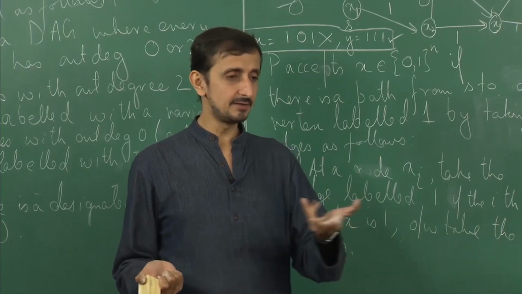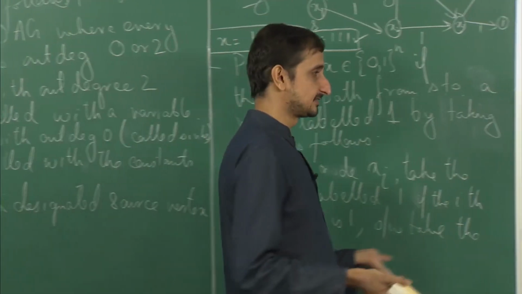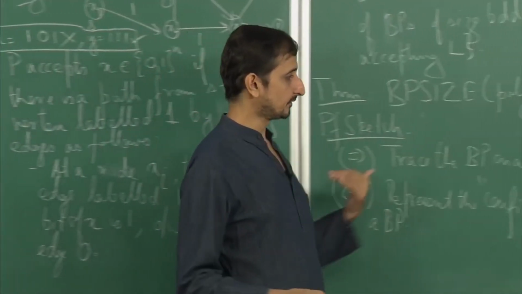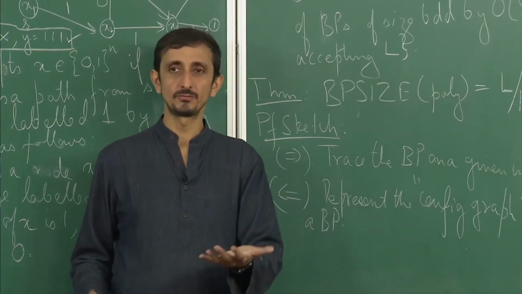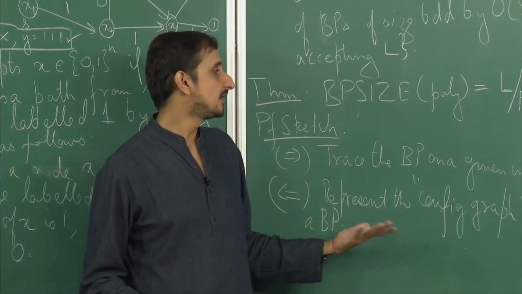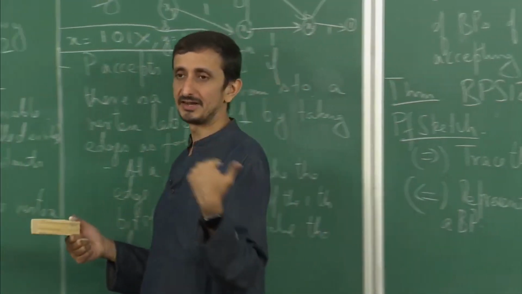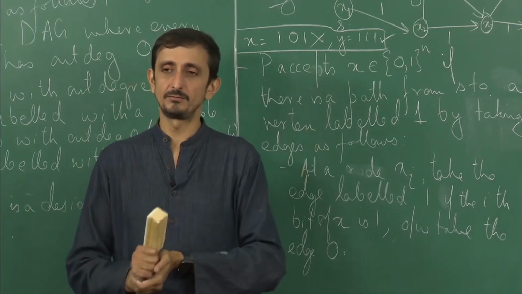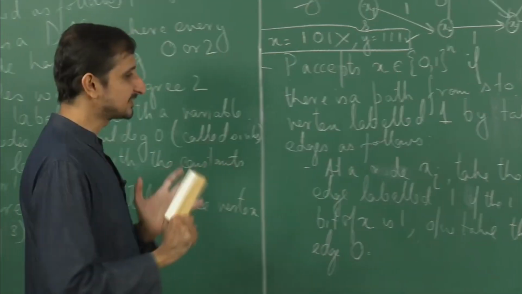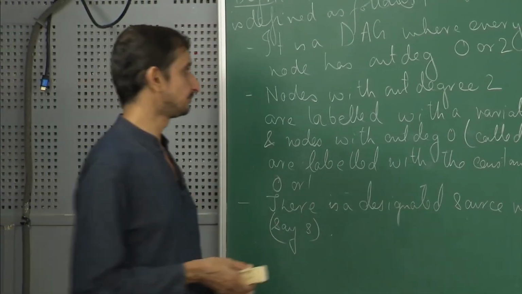Majority is: you have n bits and you want to find out if it has more than n by 2 ones. So basically you need a sort of count. Now how can you count if you are only encoding some constant amount of information at every layer? Because in the next layer you cannot carry forward whatever you had earlier.